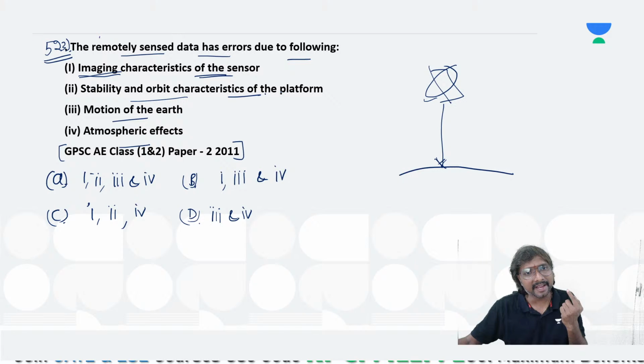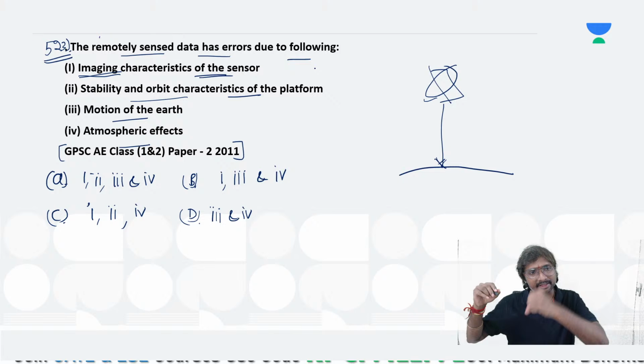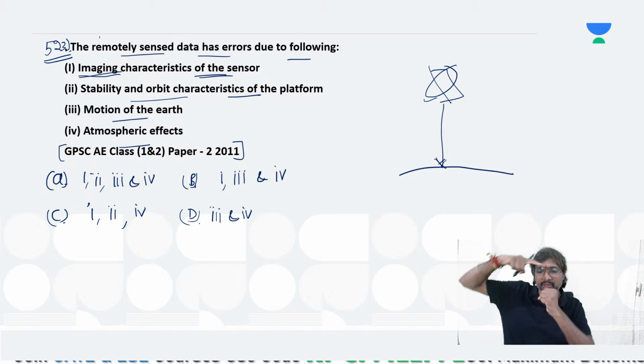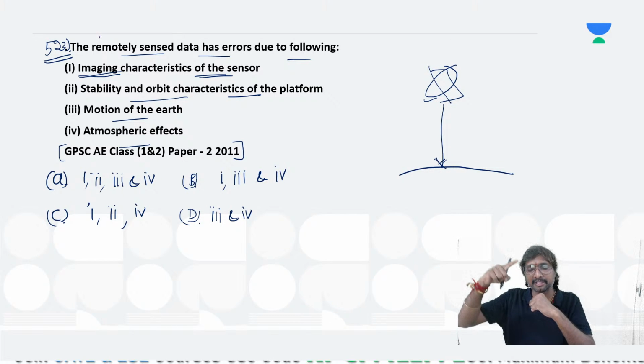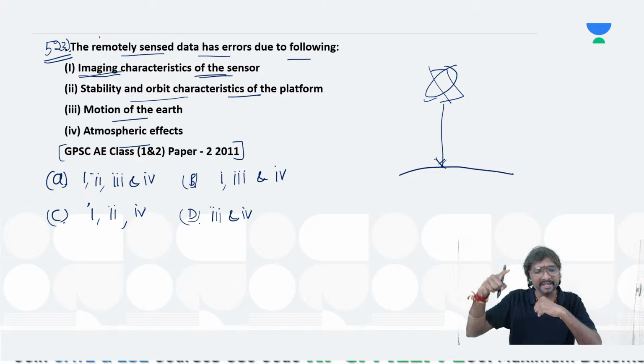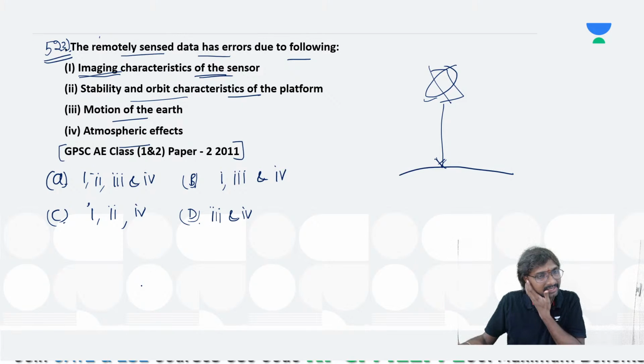Stability and arbitrary characteristics of the platform. Suppose this is your earth, and this is your satellite rotating around the earth, on the circumference of the earth. Suppose it is not stable with respect to the earth's position, and it is not maintaining the same speed as your earth, then there will be some differences. Yes, motion of the earth, if it is not proper, that also will result in atmospheric effects.